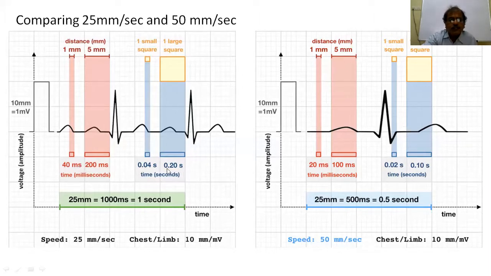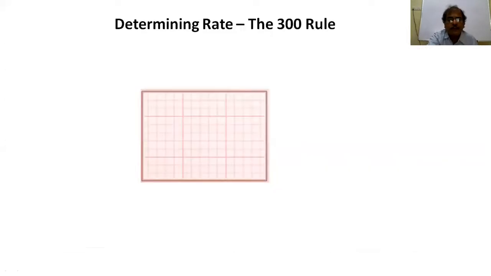So similarly the duration, instead of 0.04 second, becomes 0.02 seconds, and a large square is covered in 0.1 second rather than 0.20 second as at 25 millimeter per second speed. Now, as I said, we have small boxes 1500, large boxes 300.